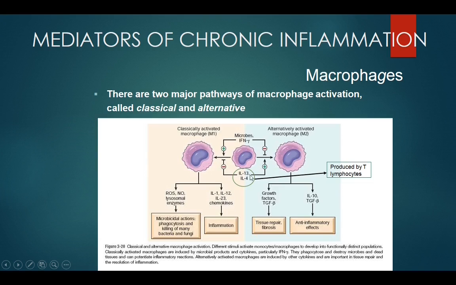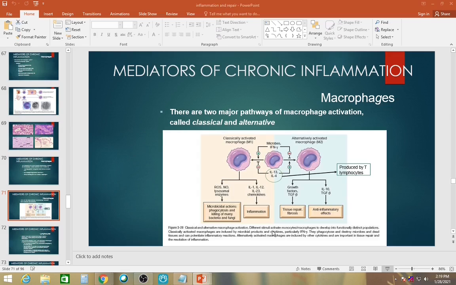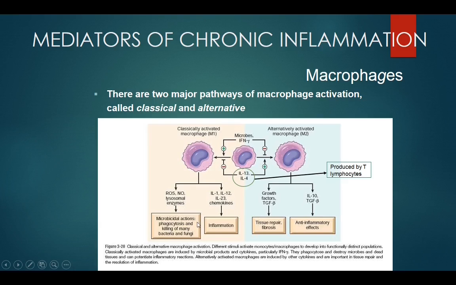And if it is interleukin 13 and 4, if these two act on this monocyte, it will lead to formation of alternatively activated macrophage. The classically activated one's main function is inflammation, but the alternatively activated one leads to an anti-inflammatory effect, and also leads to fibrosis and repair in the tissue. So these are the two pathways which help in activation of macrophages.